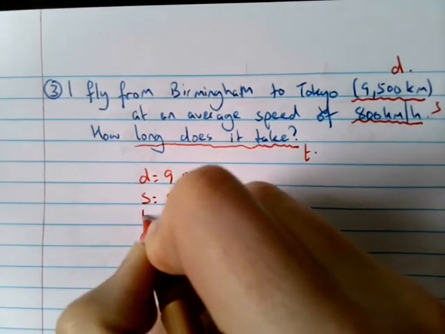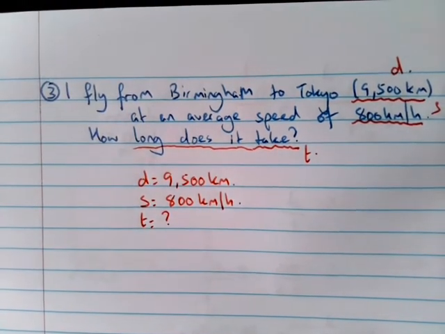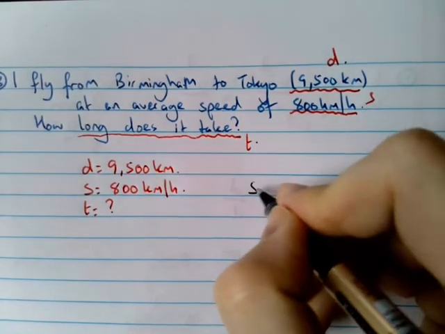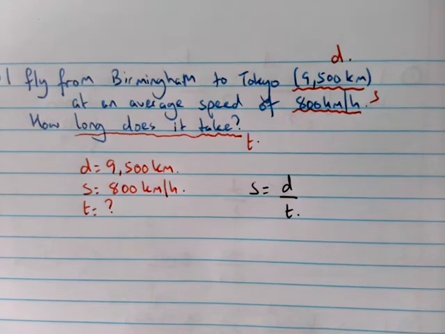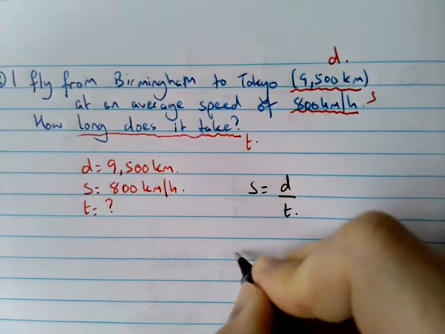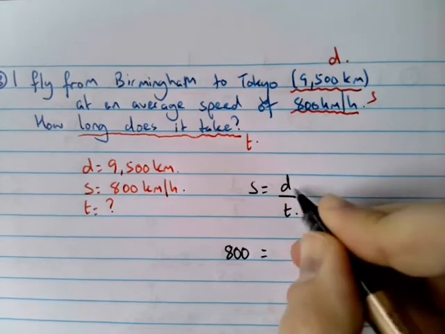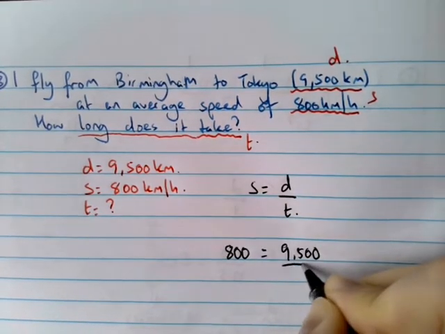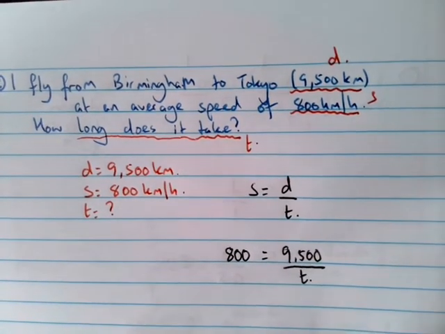And my time is what I want to know. That's what I'm trying to work out. All right, so if I write the equation out, I know that speed equals distance divided by time. My speed is 800. My distance is 9,500 divided by time, which is what I want to know.